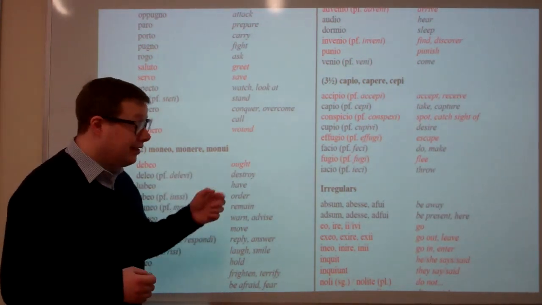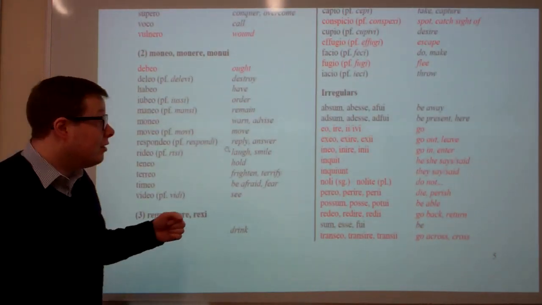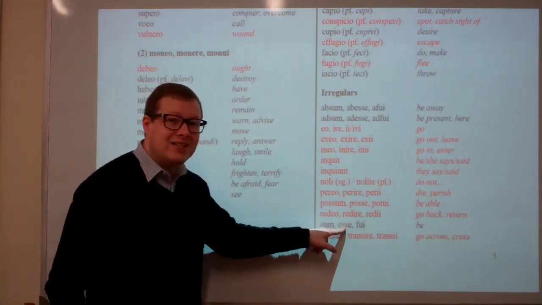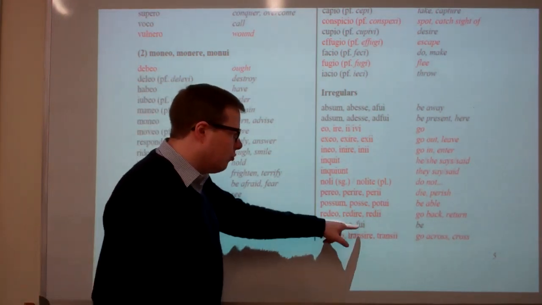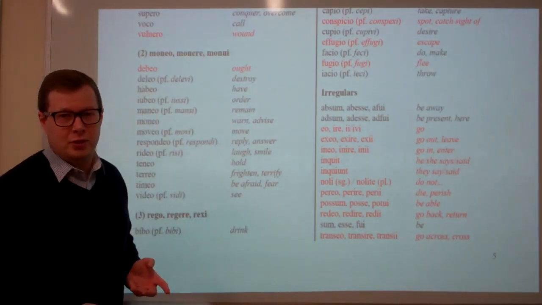Finally, we have a little handful of irregular verbs. Perhaps most importantly, the verb sum, the verb to be, which has an irregular infinitive esse and a peculiar perfect stem as well, fu. There are then 3 compound forms of sum.